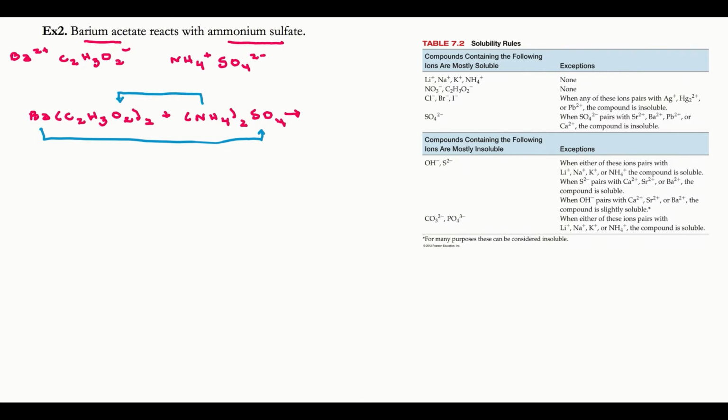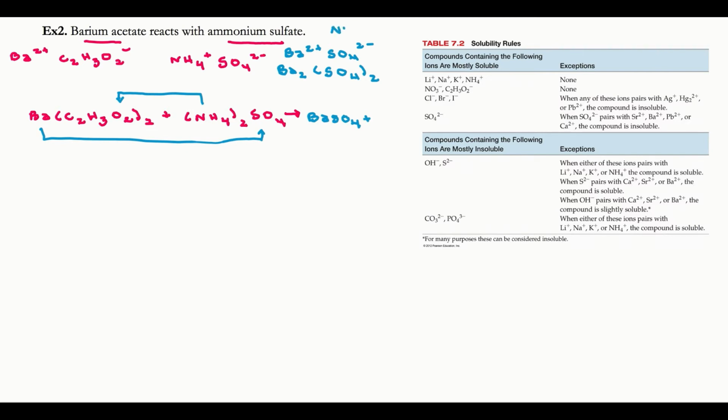So let's cross my charges. Barium sulfate. Barium has a 2+ charge. Sulfate has a 2- charge. So when I cross my charges, I get Ba2, SO42, and notice I can actually simplify this. And so what I'll end up getting for my product is just BaSO4. Plus, I need to do my other product, ammonium and acetate.